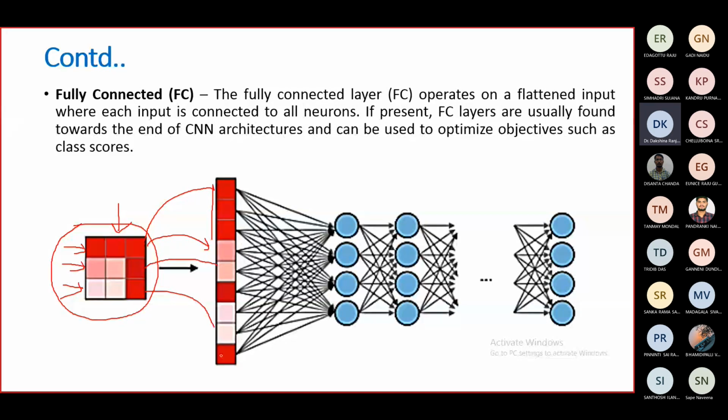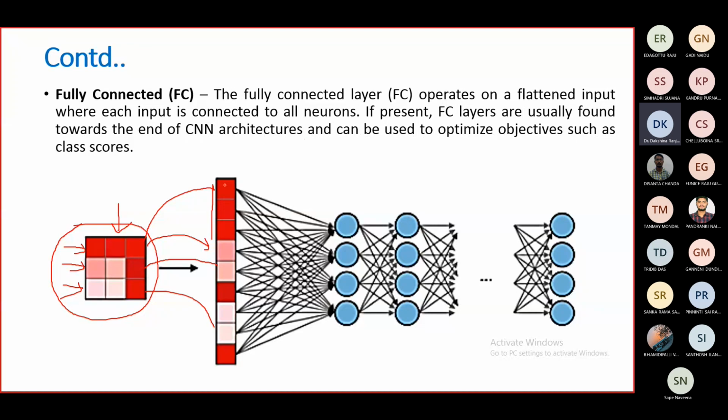This vector is fed to the fully connected layer, which may be a simple multi-layer perceptron, or one with a number of hidden layers, meaning more than one hidden layer.